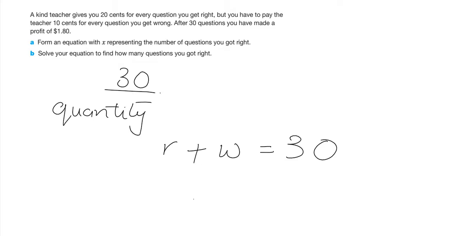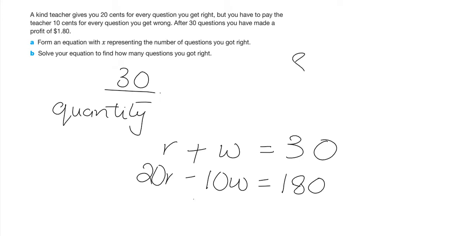And what if we say 20 when you get it right and less 10 cents when you get it wrong, and the profit that you will make will be 180 cents. I just convert that $1.80 to cents, and that will be equal to 180 cents.